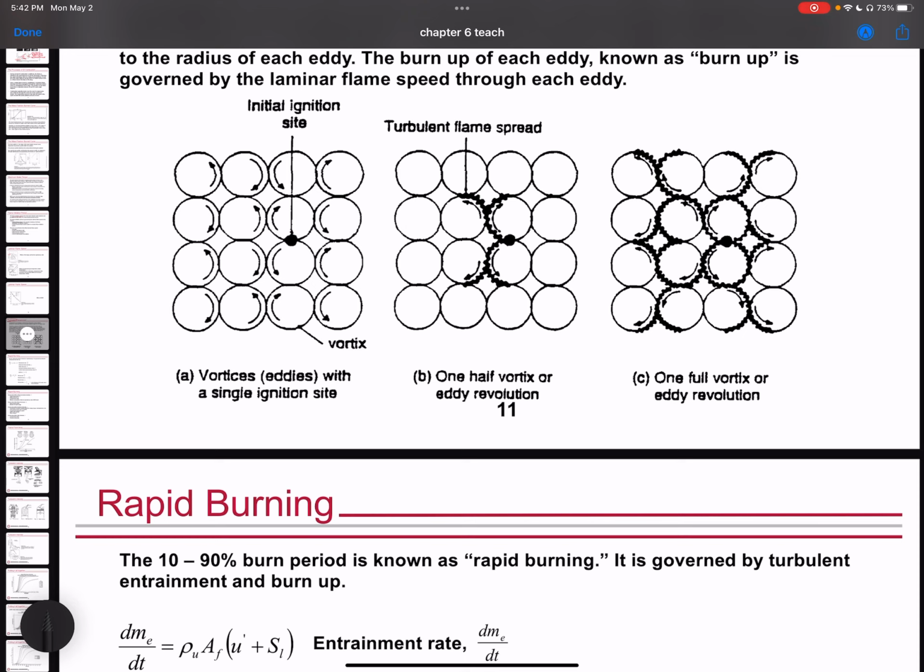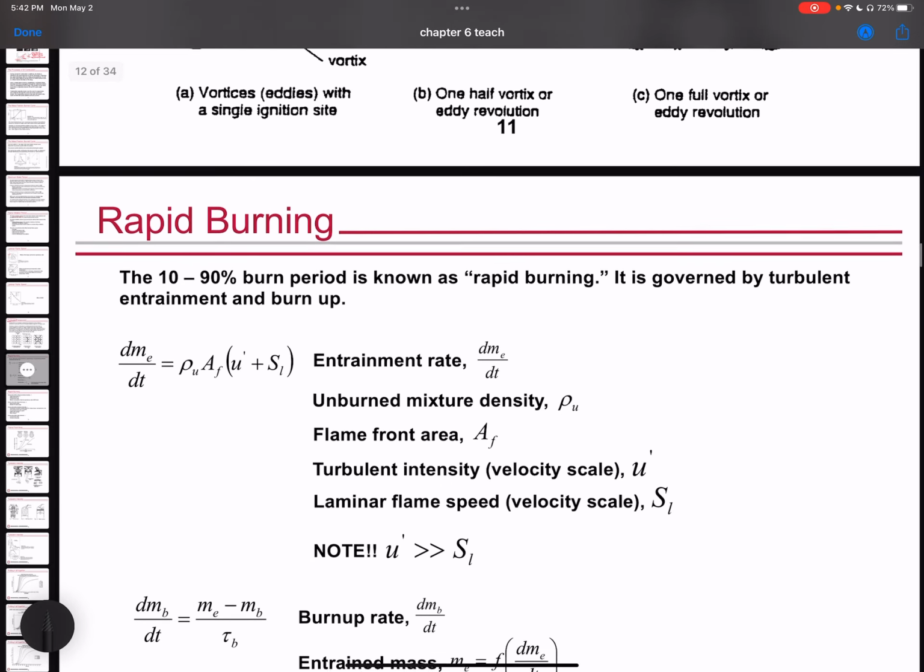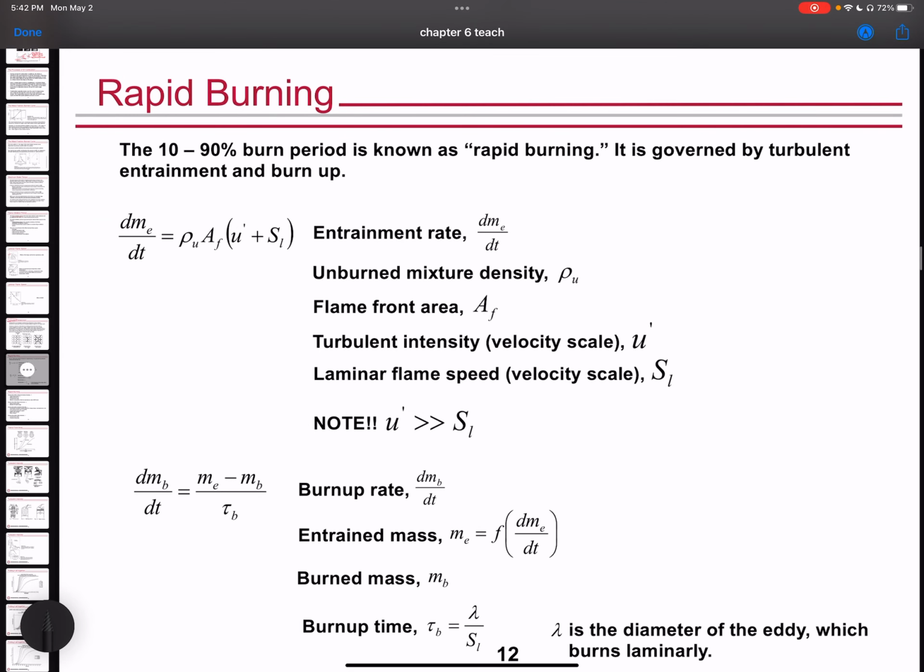And then there's the rapid burning period, which is the spread of the flame throughout the whole mixture, and the subsequent burn up of that mixture by burning up each of the individual eddies. We call that rapid burning period the 10 to 90% burn period. So this is what we would generally call our combustion duration.